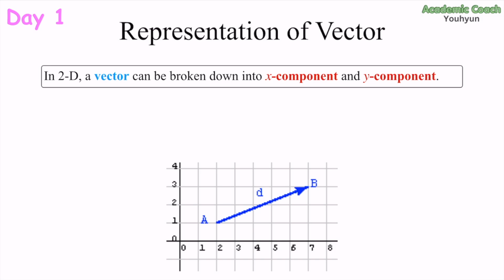Okay, so in two dimension, to make it more clear, there's something called x component and y component. And remember that in math, we use column vector 5, 2 to represent this vector d, which means that we move to the right by 5 units and we move up by 2 units. That's exactly what we call the x component and y component.